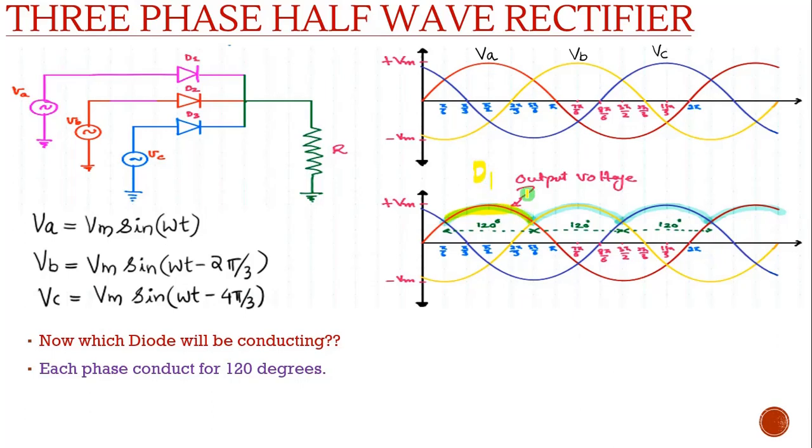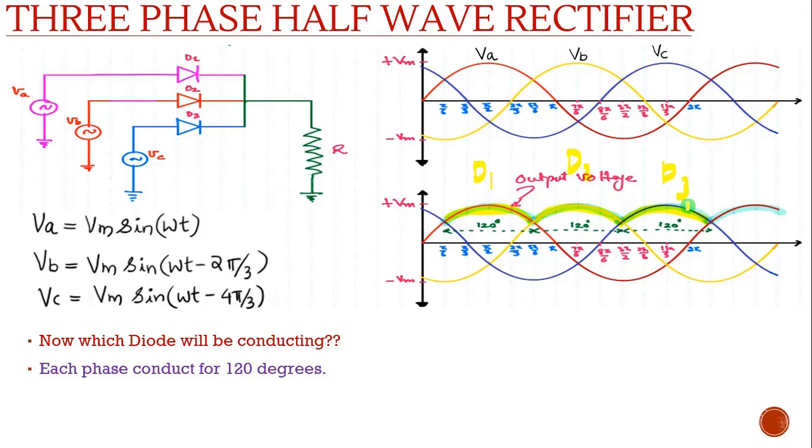From here to here diode D2 will be on, and from here to here diode D3 will be on. So the output will be the envelope of phase voltages.